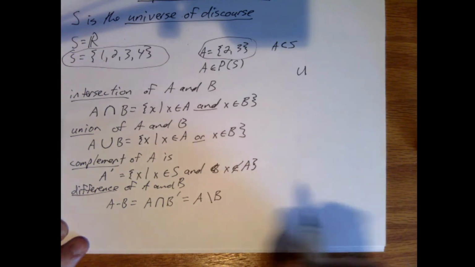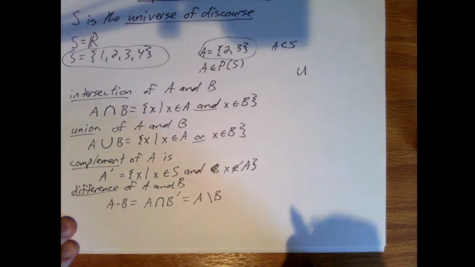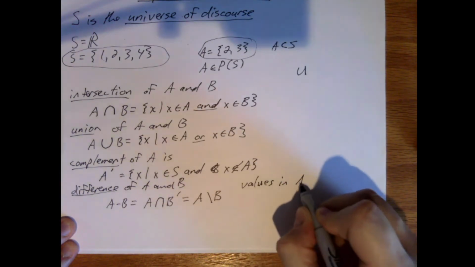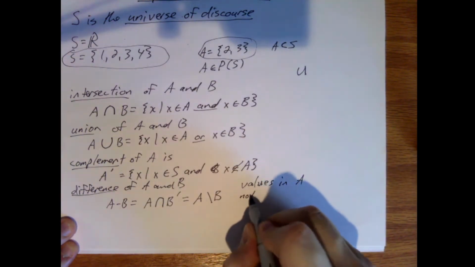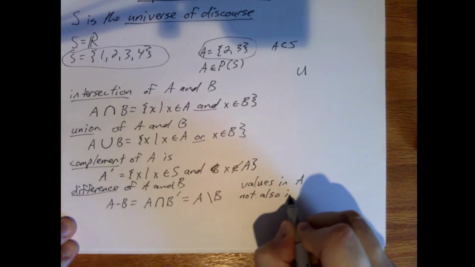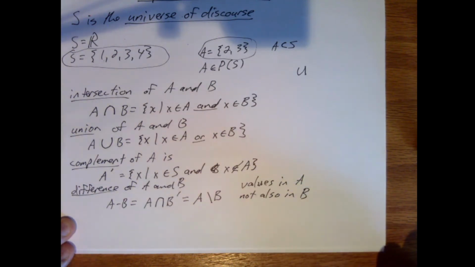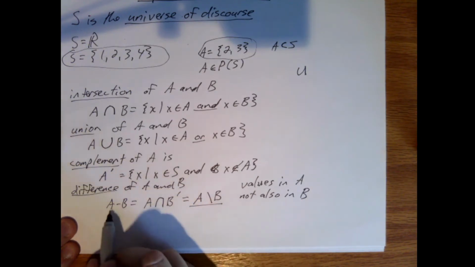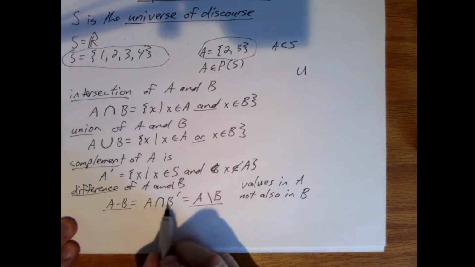Okay? So A minus B are the values in A not also in B. Now the difference here, A minus B, or written this way, these are the two ways you typically see it, but this is how you can produce it.